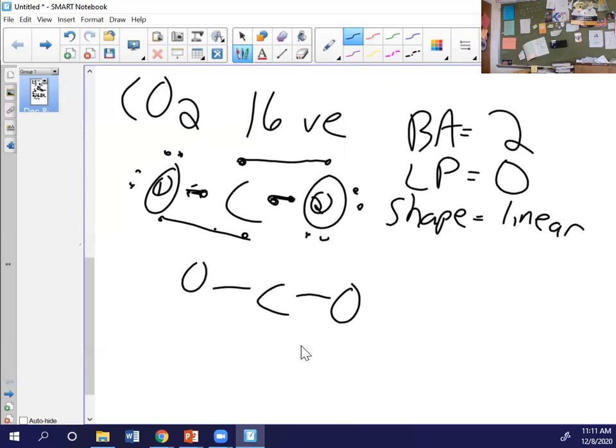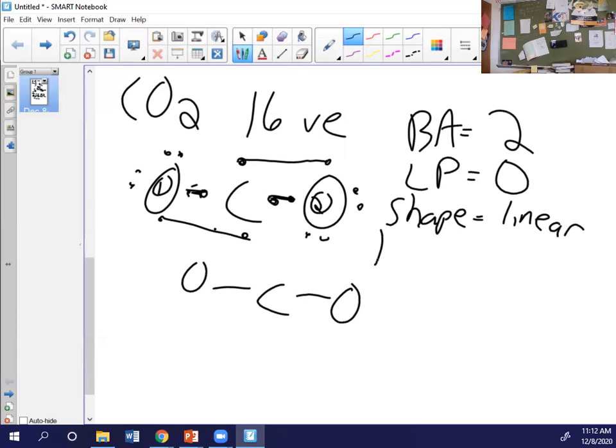When I'm drawing the 3D shape, you do not need to worry about the lone pairs of electrons on the O. I worry about the lone pairs on the central atom, but not on the outside atoms. So draw exactly how it is on your paper, just replacing the element, like on the homework. Let me finish this one first.